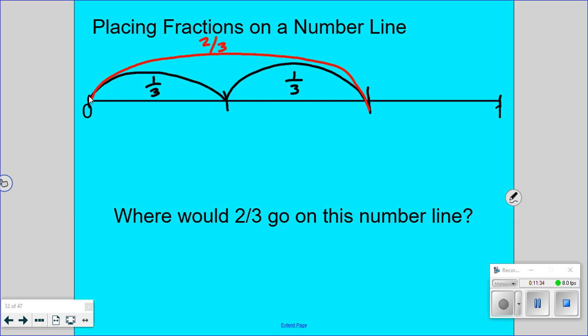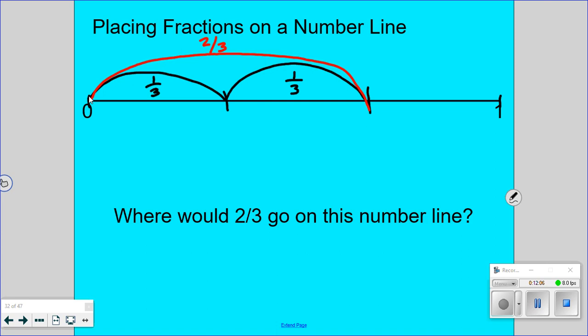What is an equivalent fraction to one whole? I want a fraction that's going to be worth one whole. Use this number line to help you. What fraction would be the same distance as one whole? Ava, what you thinking? 3/3.